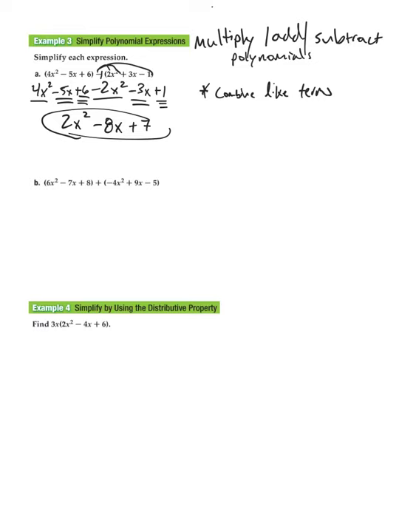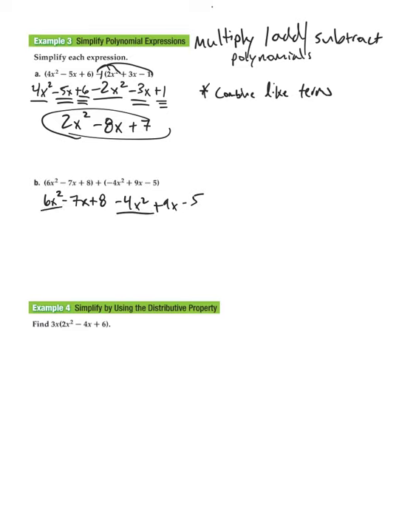Okay. And so for an addition problem, guys, it's as easy as getting rid of your parentheses, so plus -4x, so that'd be -4x squared plus 9x minus 5. And it's, again, just combining like terms.